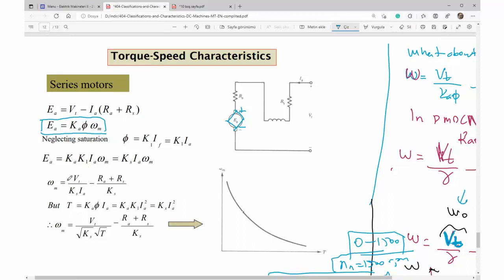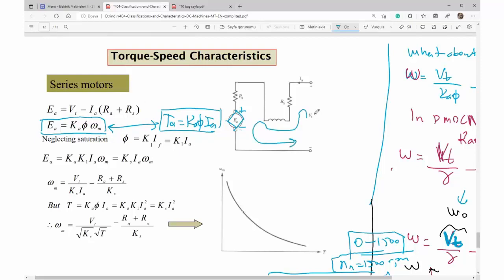You know the main terminal equations. There is the torque equation, torque equals Ka times flux times armature current. Those are the two main equations defining DC machine behavior. So, here's Kirchhoff's voltage law.